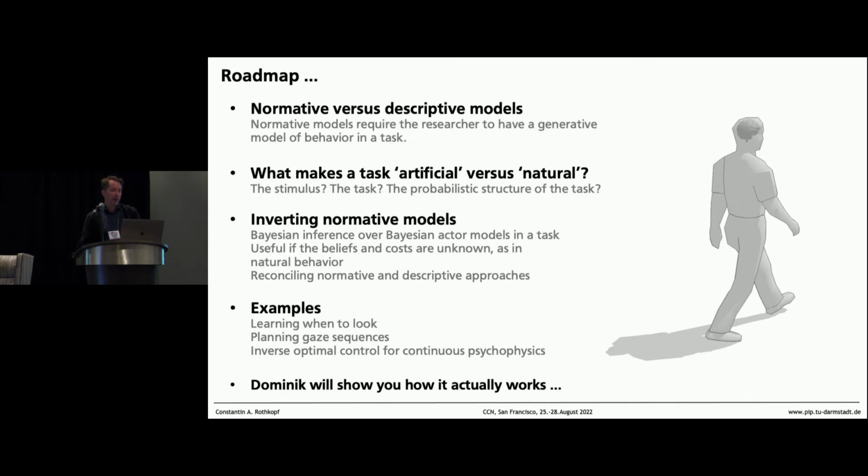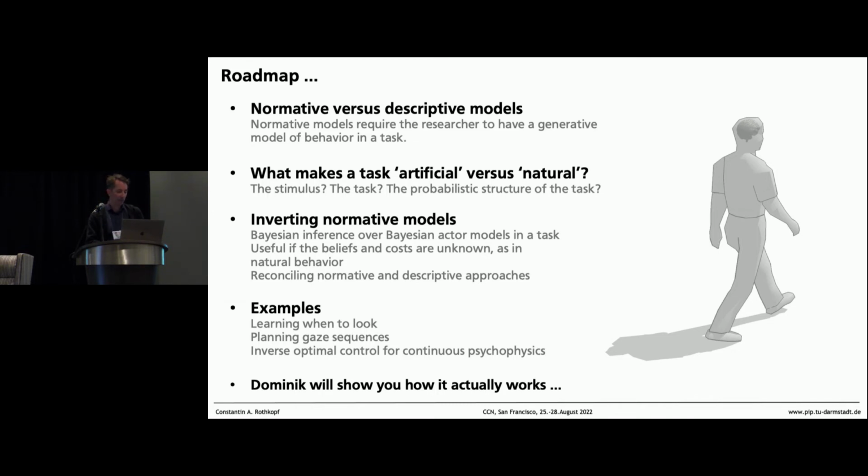From that, I think you'll have a pretty good idea why we are approaching continuous psychophysics the way we did, and Dominic will give you all the details. So in a way, I'll be giving you the abstract and the introduction, and Dominic is giving you the important sections of the paper, like the methods and some of the results.